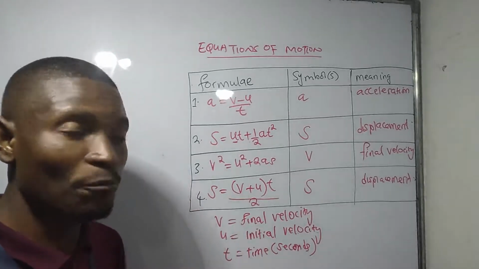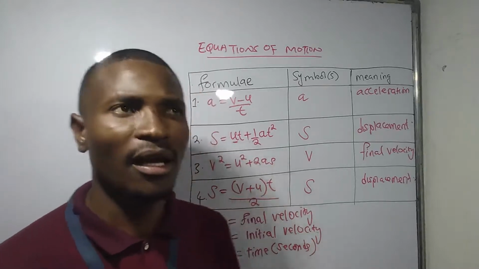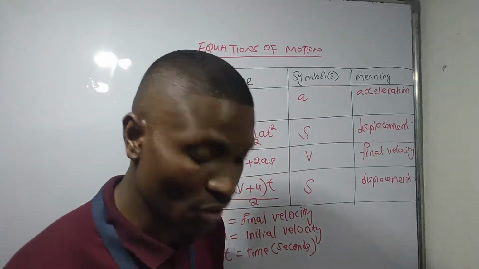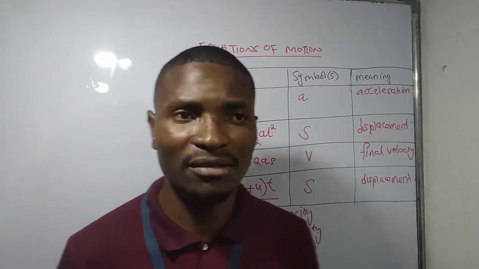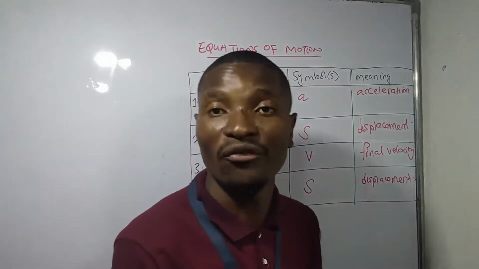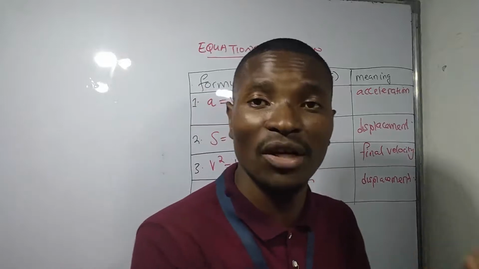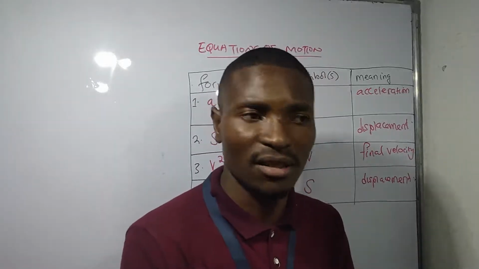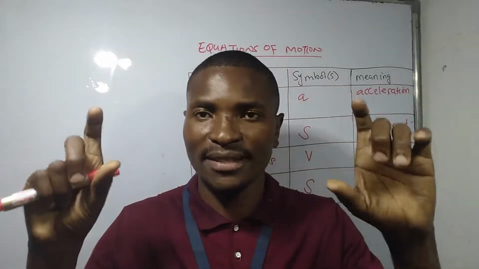By the way, I want you to understand that when we are using these formulas, the motion of an object is not changing. That does not mean the object is not moving. The object is moving, but with some constant velocity and constant acceleration. So make sure we understand the meaning of the word constant.